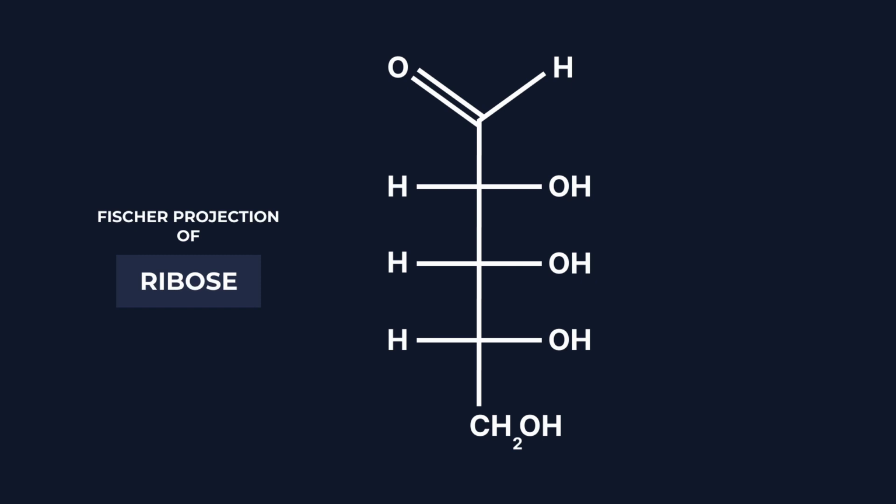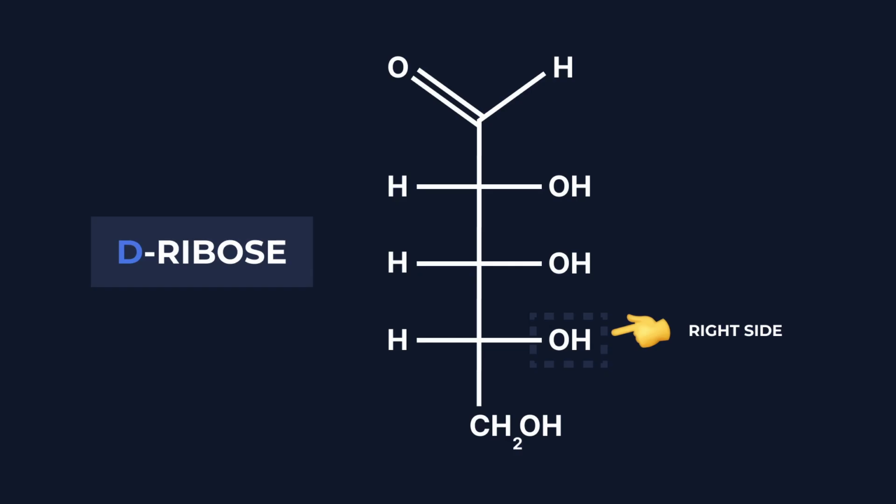Well, if you take a look at the Fischer diagram of ribose, it looks something like this. And since the OH group is on the right side, we know that it is the D configuration. So since we have a ribose and the D configuration, it is called D-ribose.